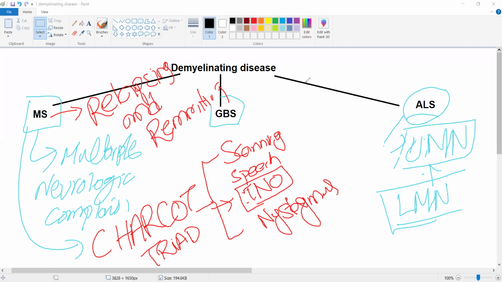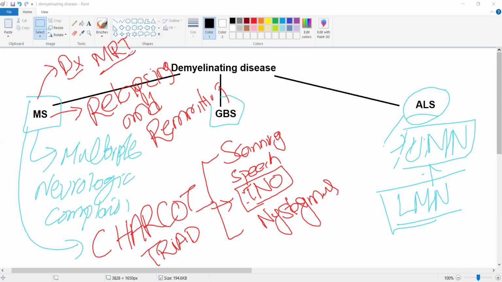Okay, so what is the best diagnostic investigation for multiple sclerosis? The diagnostic investigation is MRI. What do you find on MRI in multiple sclerosis?